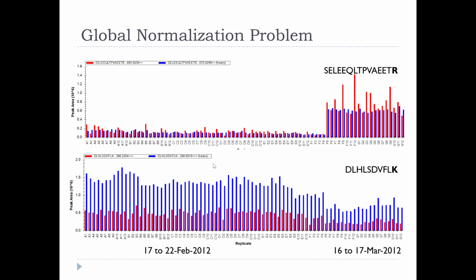Most of the peptides, this was maybe monitoring 150 peptides in this experiment, did something like this, but I chose the most extreme one. This is like a 4 to 5-fold change, just because I'm measuring some in February and some in March.